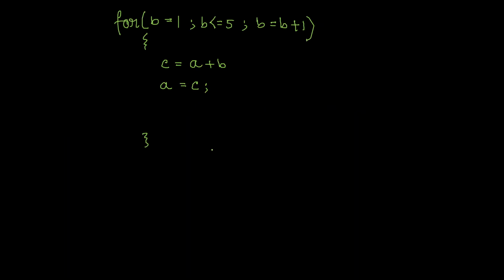Let's try to realize it. Let's try to analyze this program. For example, at the very beginning, when the program is yet to start, let's write the variable names over here.